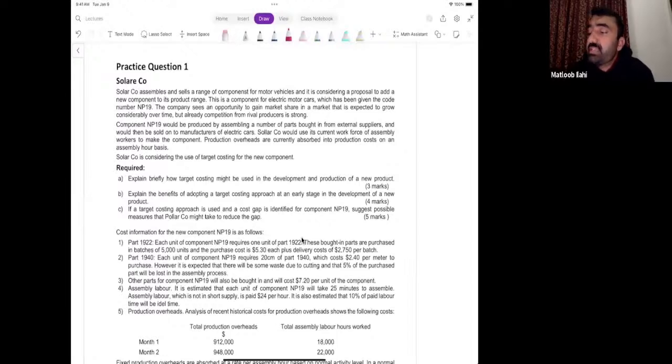SolarCo assembles and sells a range of components for motor vehicles, and it is considering a proposal to add a new component to its product range. This is a component for electric motor cars, which has been given the code number NP19. They want to develop a new component for electric cars. The company sees an opportunity to gain market share.